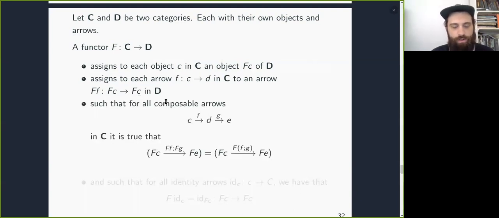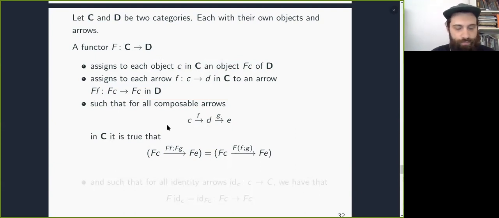Also, all composable arrows, their images can be composed. So if I have this diagram, these two arrows that can be composed in C, then what I can do is hit them each individually with F and then compose them in D using the composition in D, or I can compose them in C and hit the composite with my functor F. Either way, I should get the same arrow, whether you compose them first and then hit it with the functor, or you hit each individually with the functor and then compose.